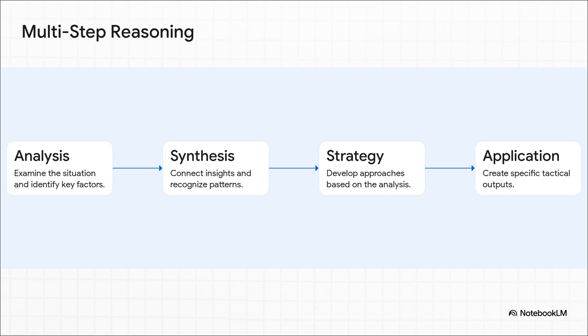First, you get the AI to just analyze the situation. That's it, just identify the key factors. Then it moves on to synthesis, where it starts connecting those dots and seeing the patterns. Only after that does it move on to developing a strategy. And then finally, it gets to the application, creating the actual tactical stuff like an action plan. You see? Each step builds on the last, and that's how you get a much more sophisticated outcome.